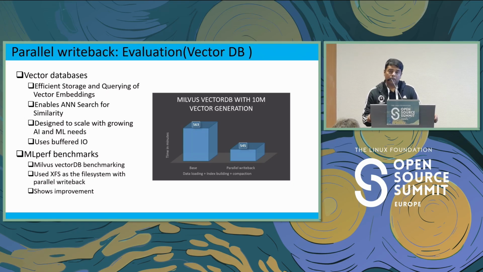Once it generates those files or the DB, it does it on top of a file system. It can be ext4, XFS, or any other file system. So we did the benchmarking of VectorDB with parallel writeback, using XFS as the file system. And we saw improvement in the real world also because of parallel writeback.